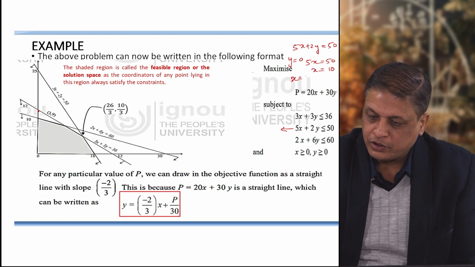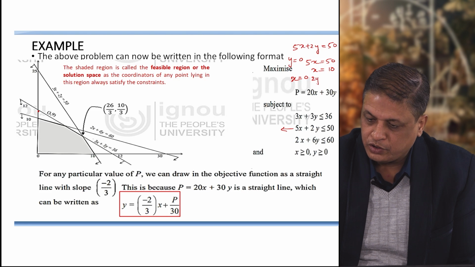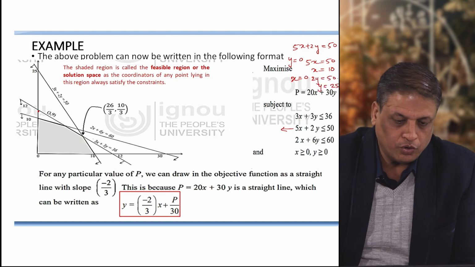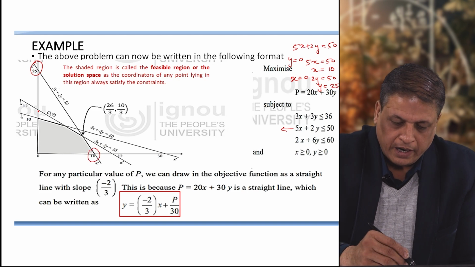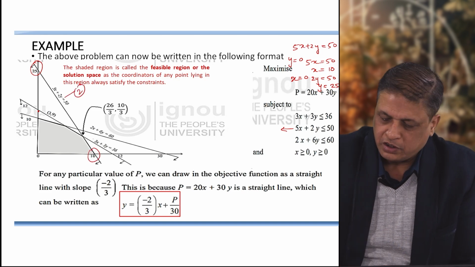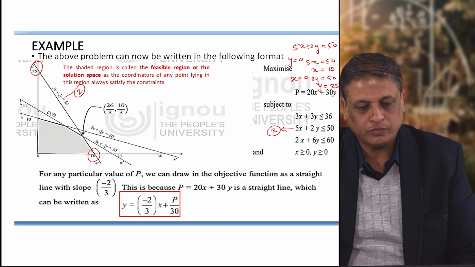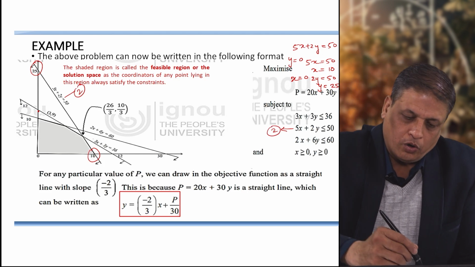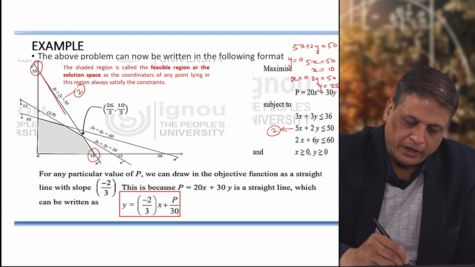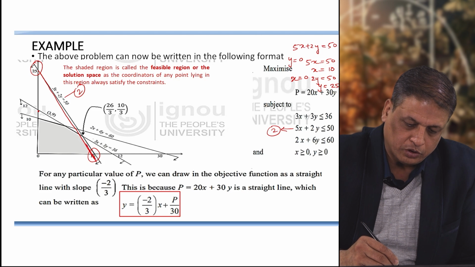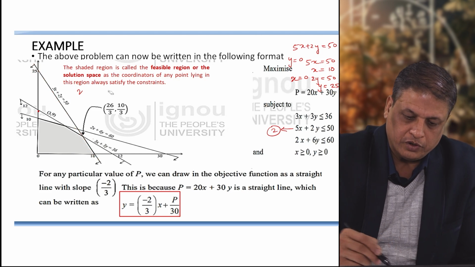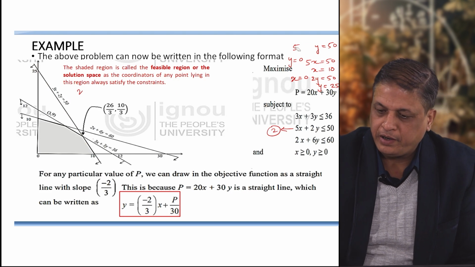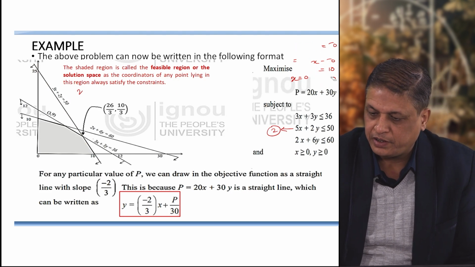Substituting x is equal to 0, you will get 2y is equal to 50, that means y is equal to 25. This is constraint number 2. Now you connected these 2 points and got this line segment. I hope you understand how we got the points 25 and 10.